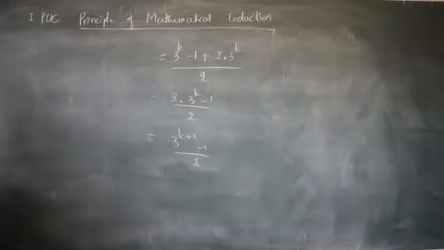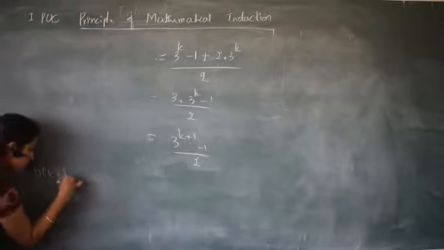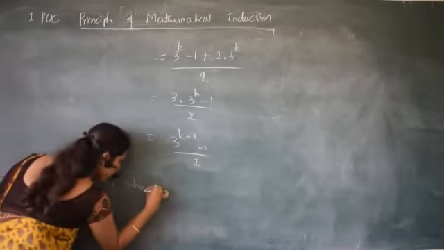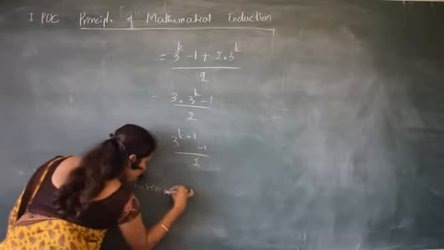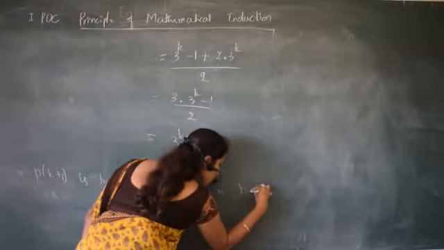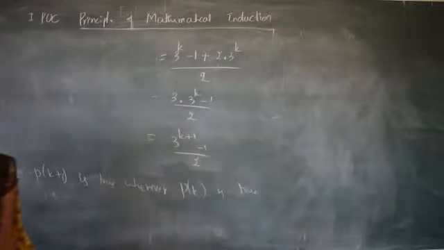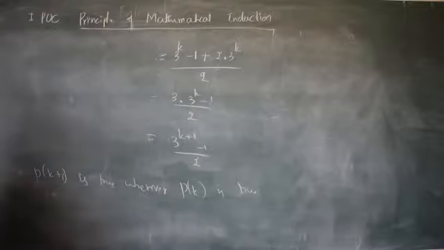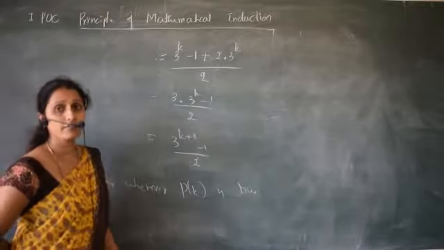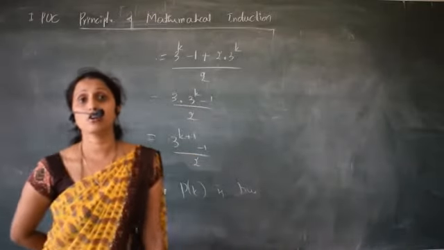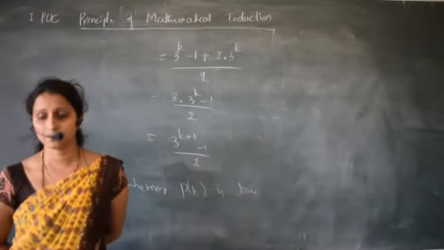Therefore P of k plus 1 is true whenever P of k is true. Then write the conclusion: hence by the principle of mathematical induction, the given statement is true for all the natural numbers n.